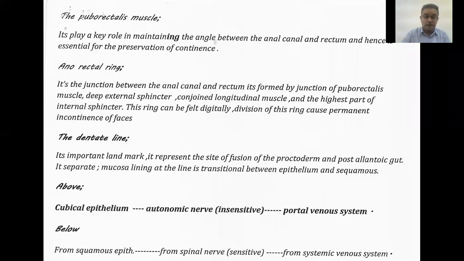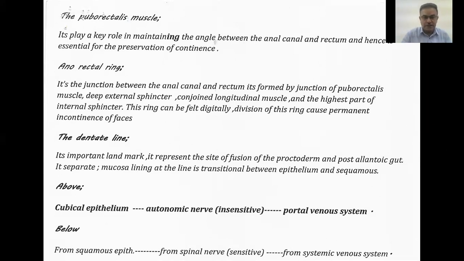The puborectalis muscle plays a key role in maintaining the angle between the anal canal and the rectum, and hence is essential for preservation of continence. So continence of fecal material depends mostly on the puborectalis muscle and on the internal and external sphincters.